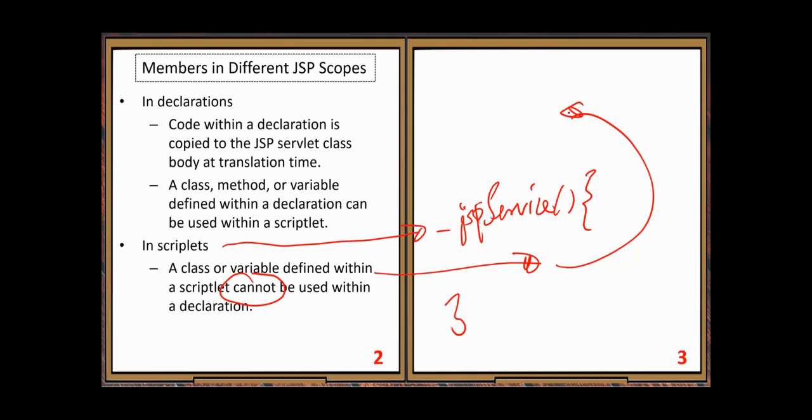So within declarations, for example, you cannot use an implicit object, because implicit objects must be here.